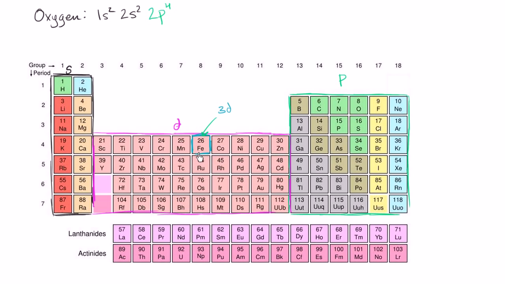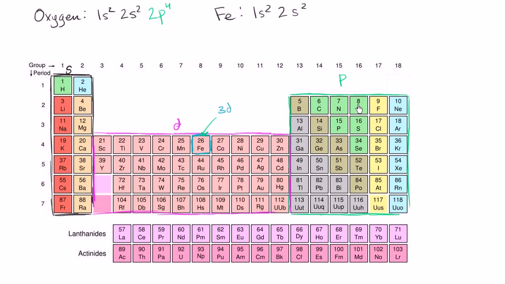But let's make that a little bit more concrete by figuring out its entire electron configuration. So this right over here is iron. So let's see, 1s2, 2s2. Then we fill out the p block to get up to the electron configuration of neon.